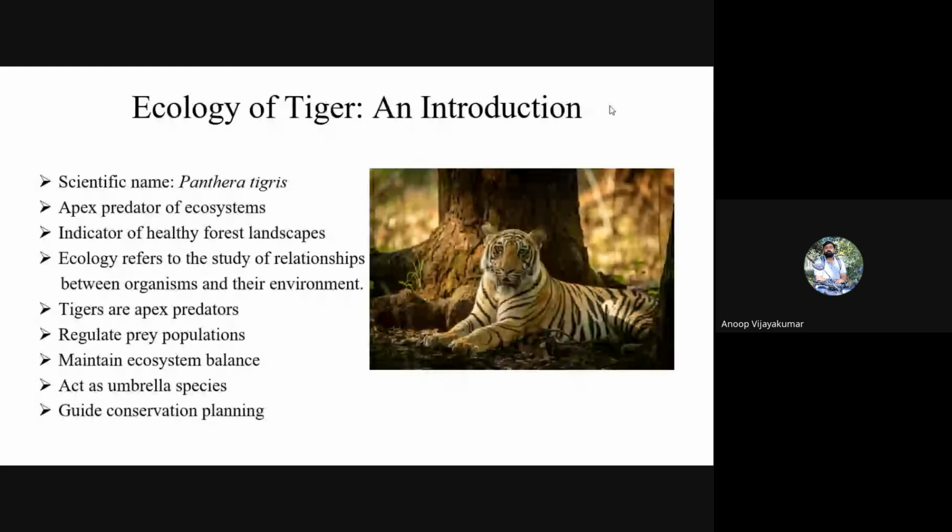In the same way, wherever the tiger ecosystem is, we are trying to protect that ecosystem in the name of tiger. Maybe we emphasize some species, and tiger is the most emphasized species across the globe wherever we have tigers to protect that ecosystem.